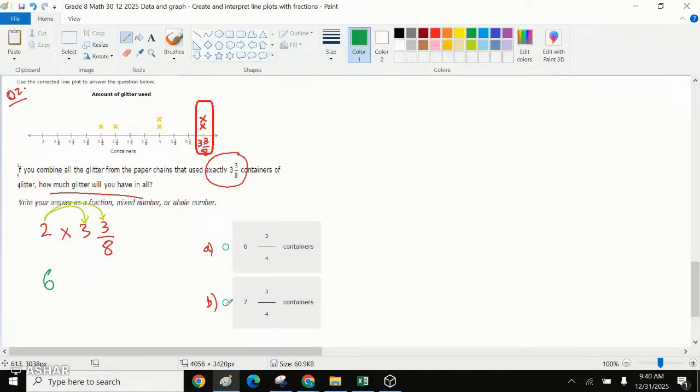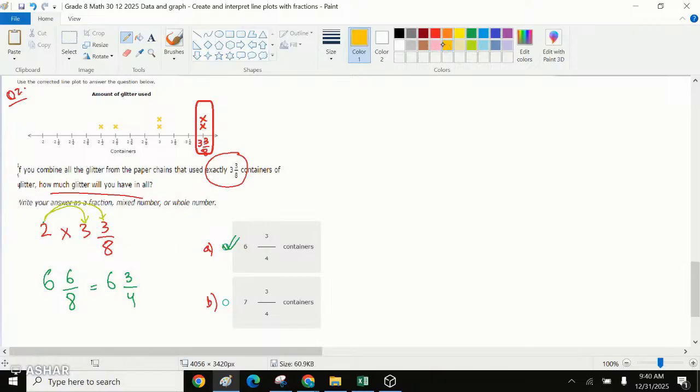We cannot have 7 as the whole number, right? Yes, option A is the correct option, because we already know that it cannot be 7. Then 2 multiplied by 3/8 was 6/8, which can be further simplified to 3/4, so 6 whole 3/4, right?